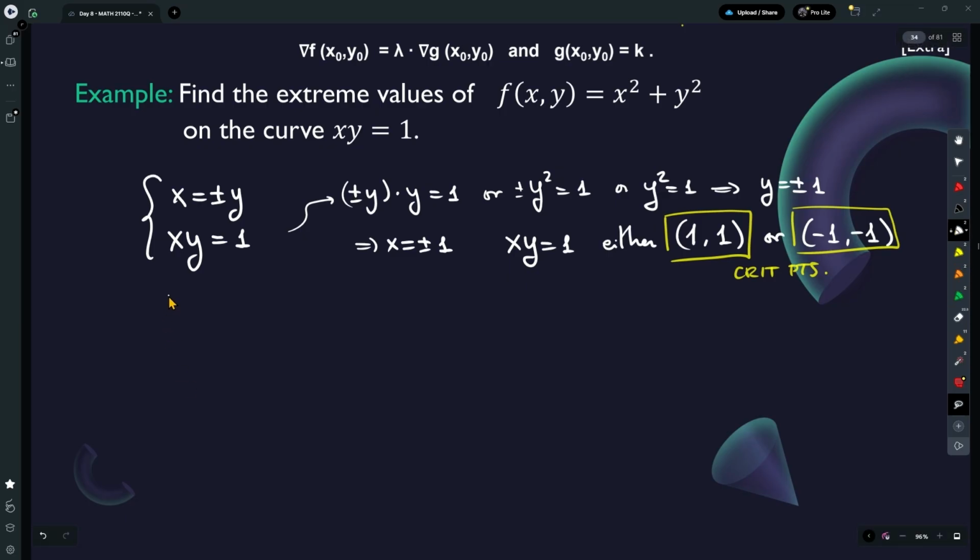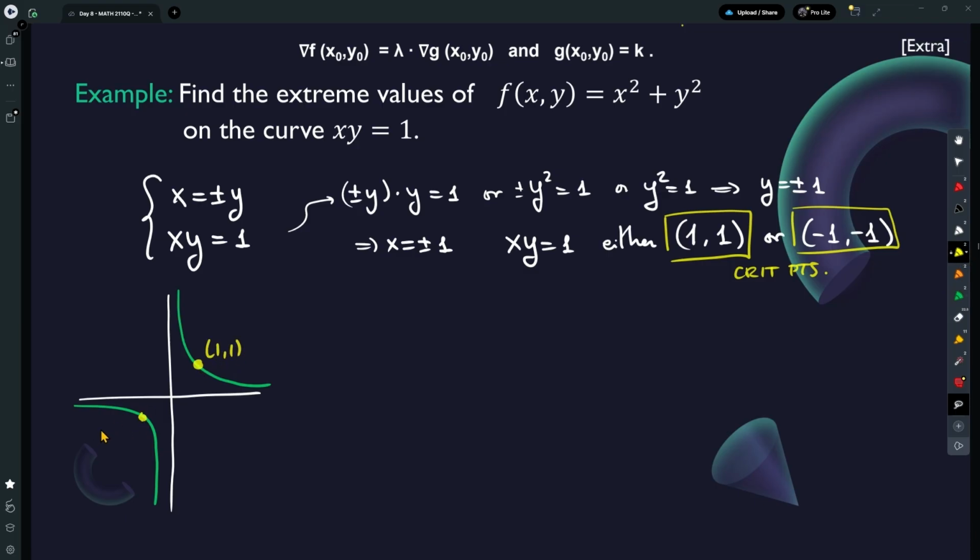Let's see where those points are. So if I graph again my hyperbola, those points are in here and in here. So the point 1, 1 and the point minus 1, minus 1 is where there might be critical points. Let's see what the value is. So what is the value at those critical points? The value is f of 1, 1.